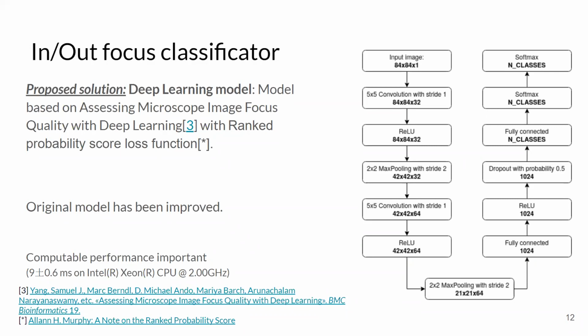We improved this model by adding more image augmentations, advanced techniques for preparing data, and using the Adam optimizer. The final architecture of the proposed model is on the slide.